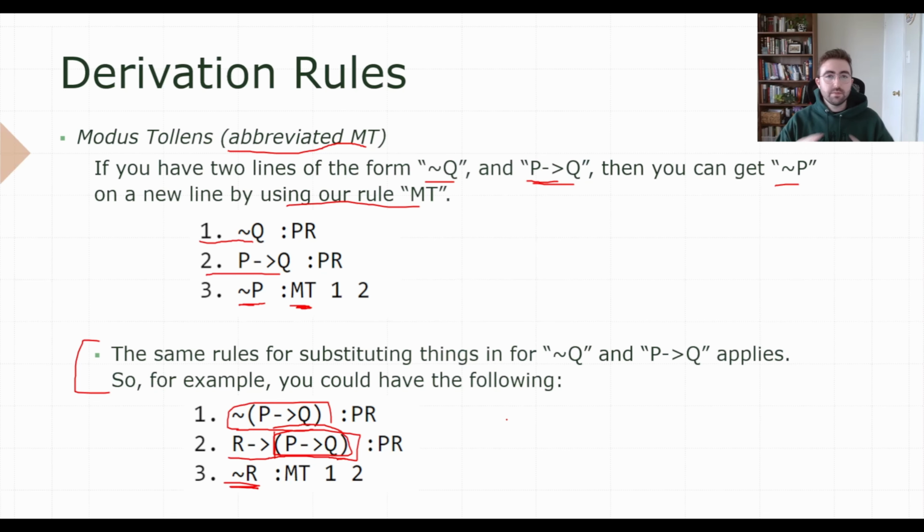And it doesn't matter what you substitute in. So here we have a more complex example, but it works the exact same as this more simple example up here. Okay. So let me now show you how this rule works in our derivation system.